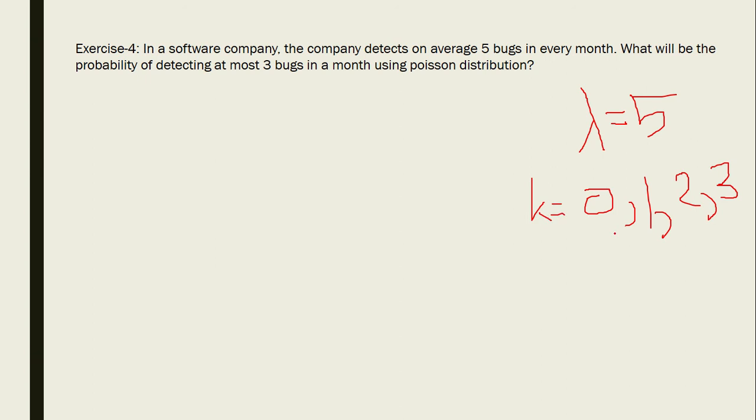So we will find the probability of getting exactly 0 bucks, exactly 1 buck, exactly 2 bucks, and exactly 3 bucks, right? Because as it is said at most 3 bucks, that means exactly 0, 1, 2, 3. Then we'll sum up these 4 and the result will be our total result, right?